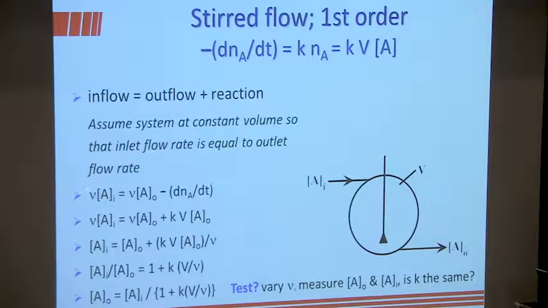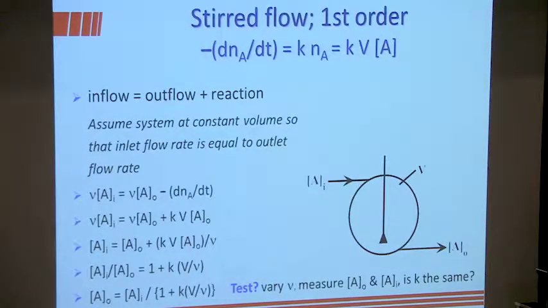The inflow, which is the volume flow rate times the concentration of A at the inlet, is equal to the volume flow rate times the concentration of A at the outlet, plus the reaction, which is minus dNA/dt. So the volume flow rate times the concentration of A at the inlet is equal to the volume flow rate times the concentration of A at the outlet, plus K times V times the concentration of A at the outlet. And we just rearrange this equation.